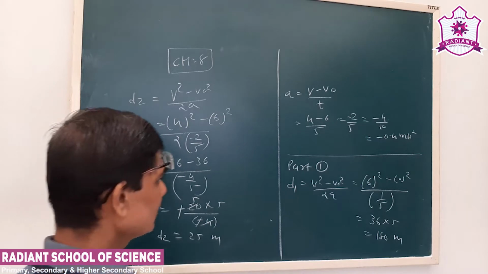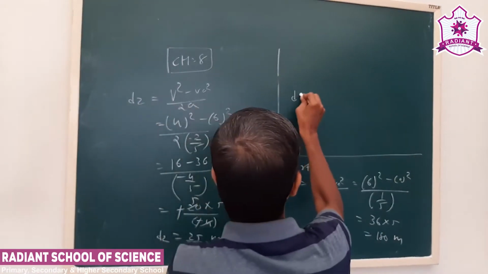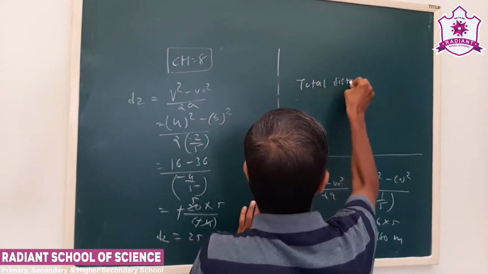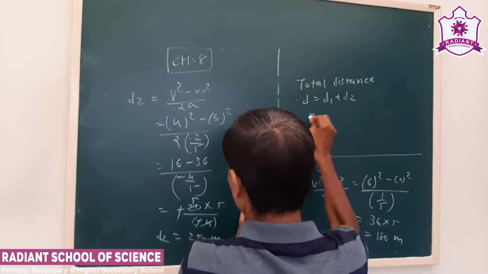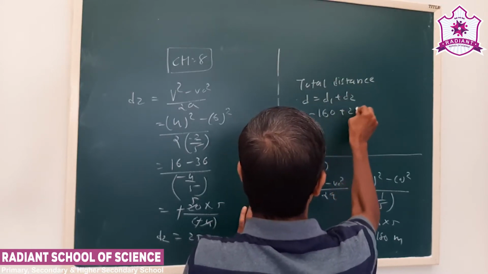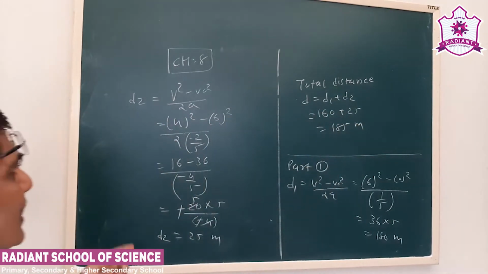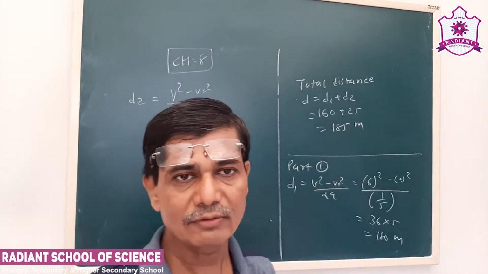Now what will be the total distance? Total distance is D1 plus D2. Here, which formula have we used? We have used D is equal to V square minus V0 square upon 2a.